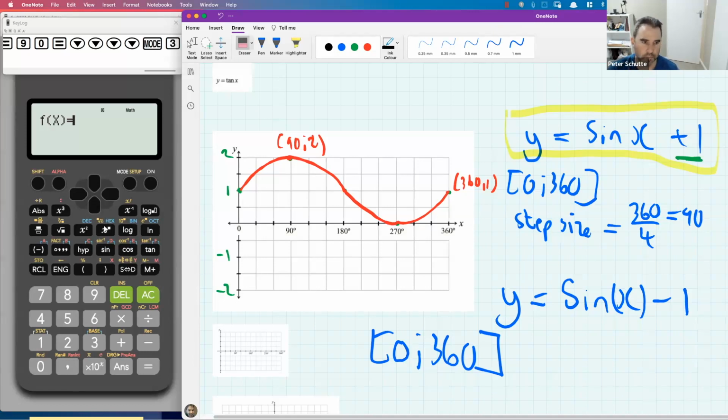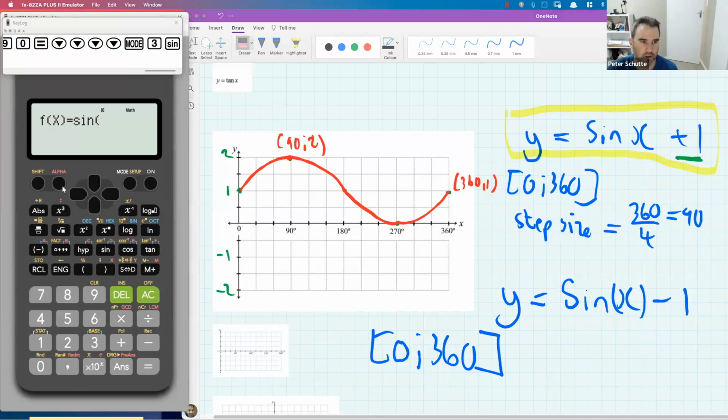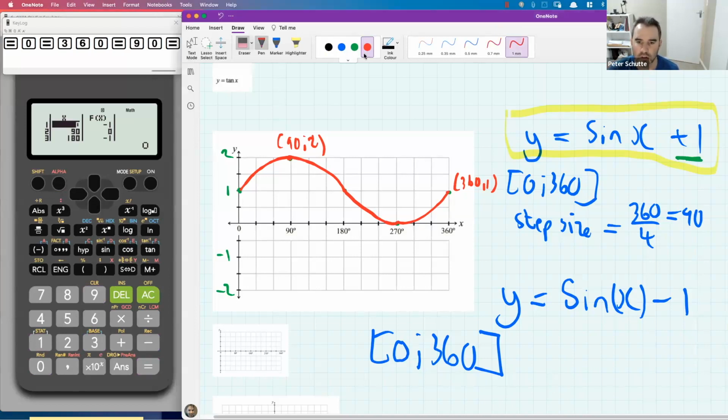So I'm going to go sine x minus 1. 360, and it is going to be 90. So I get 0 minus 1.